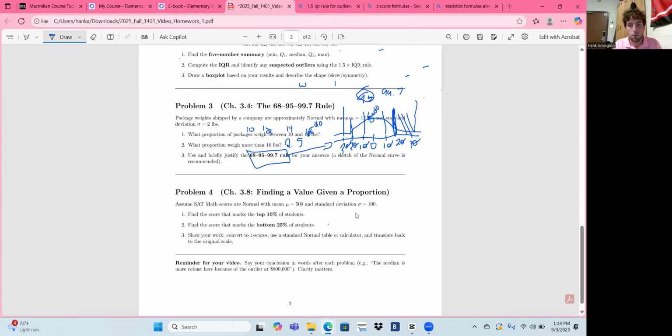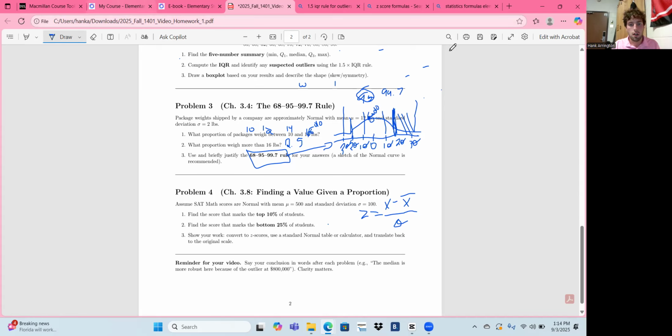So there's a very crucial formula we have to know. We have to know that the z-score is equal to the x value minus the mean, where the mean is x bar, another way to represent it, all over the standard deviation. So we're trying to find the top 10% of students.